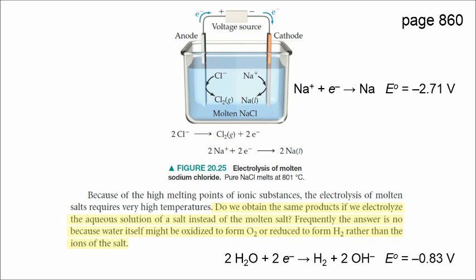Frequently, the answer is no, because water might be reduced to form hydrogen rather than sodium being reduced. Look at those two potentials, -2.71 for the reduction of sodium, but only -0.83 for the reduction of water to form hydrogen gas.